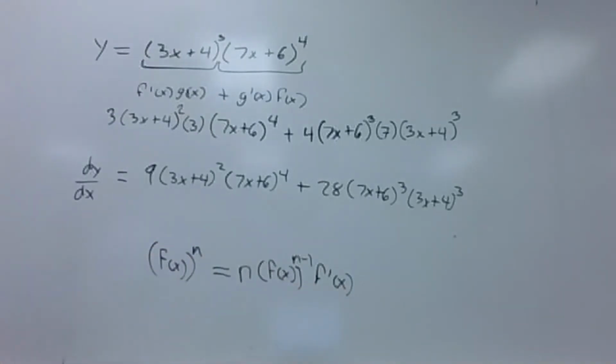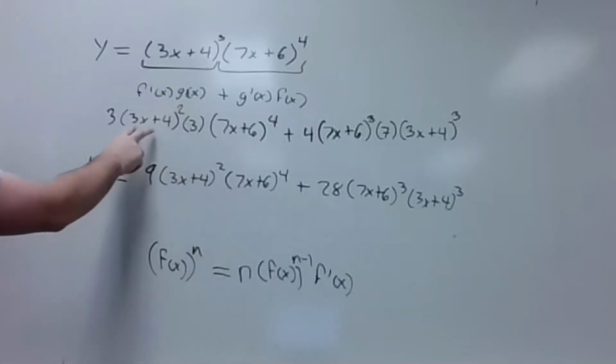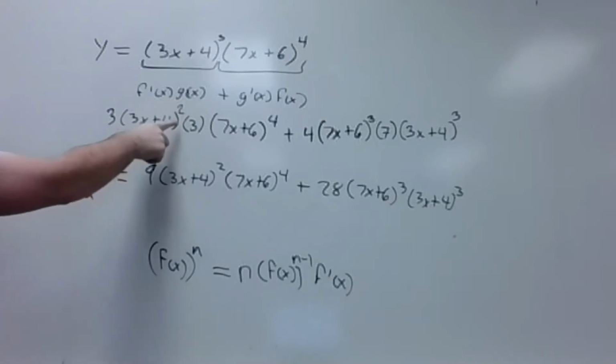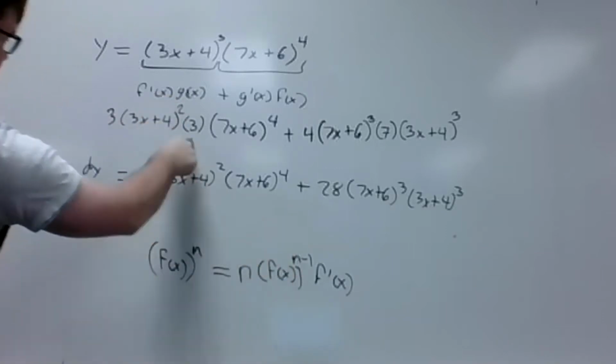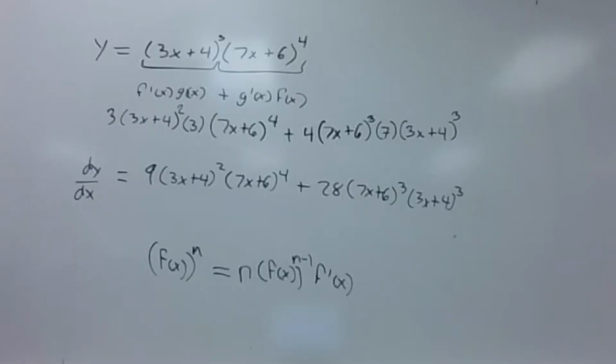So that's what the chain rule states. So when we get here, we have to chain this. So this is a function inside, so it's a function to a power. So when we drop the power down and we take n minus 1, then we have to times it by the derivative of the inside, which is 3. Okay. That makes sense.